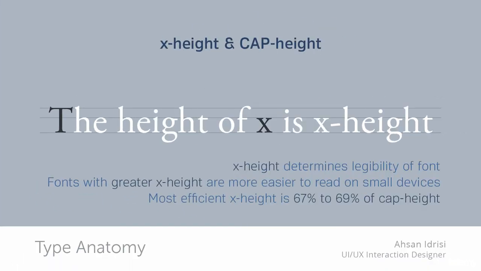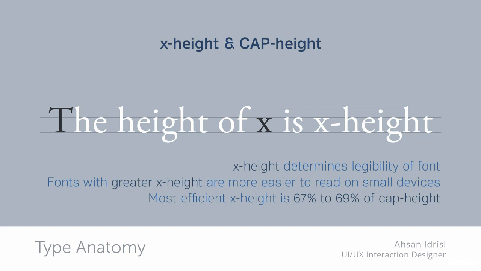Let's learn about the x height and cap height, or capital height, of any font. The height of the small letter x is the x height of any font or type, and the capital letter height is the capital height.